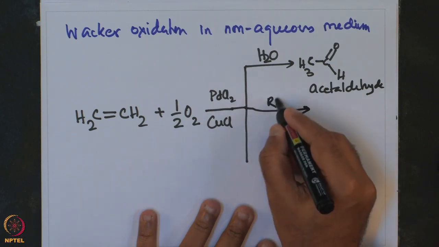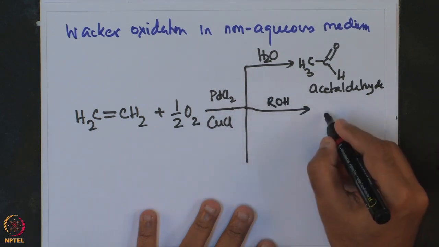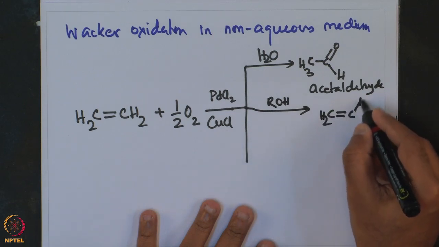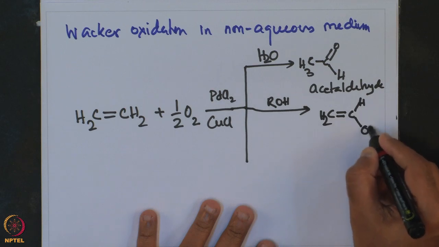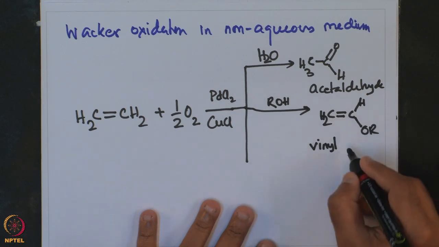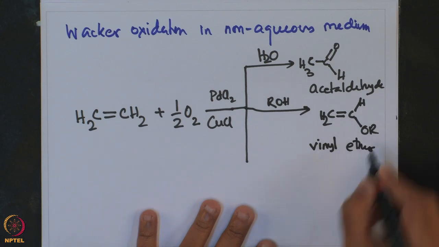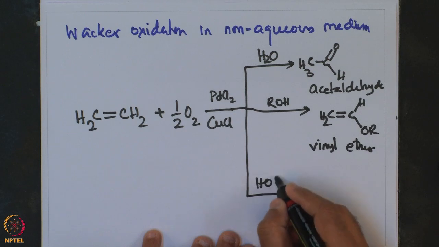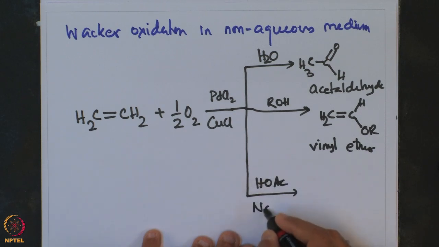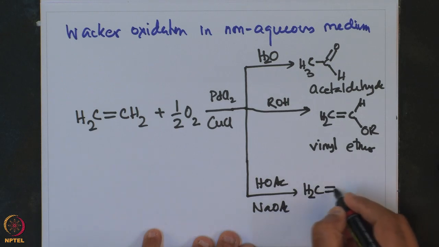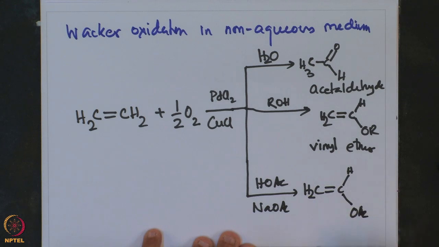With alcohol, it gives the vinyl ether, and with acetic acid and sodium acetate, it gives CH2=CHOAc, vinyl acetate.